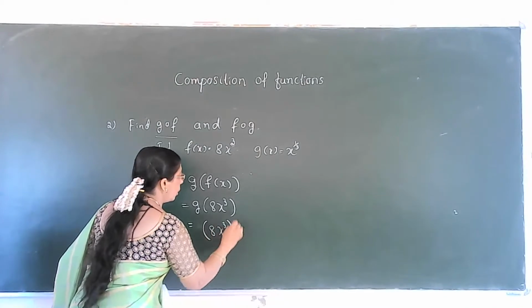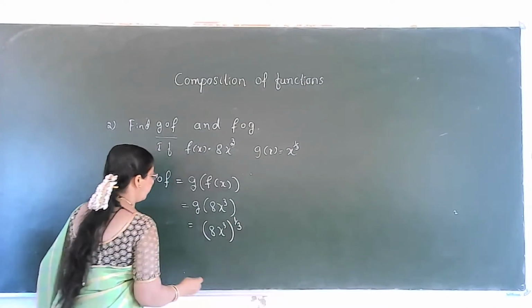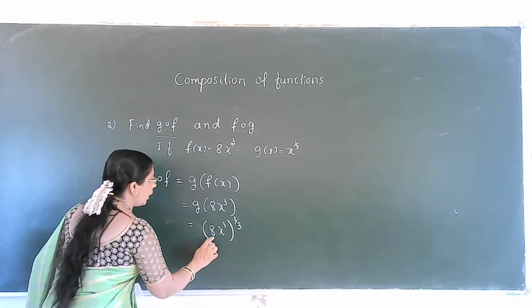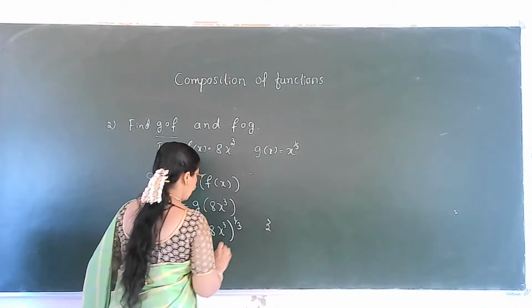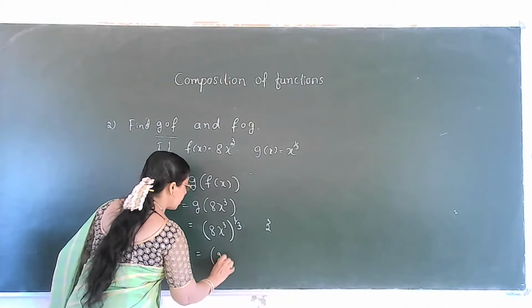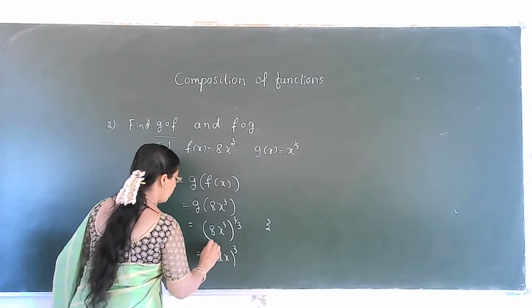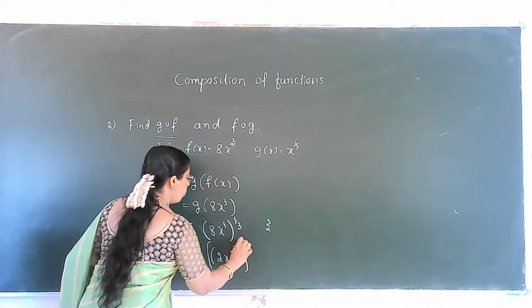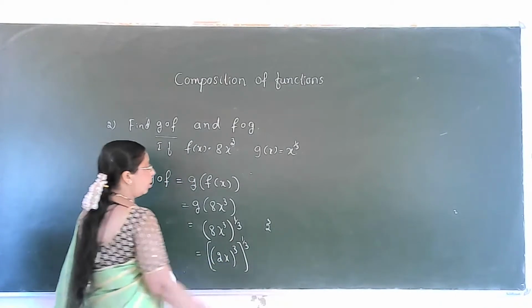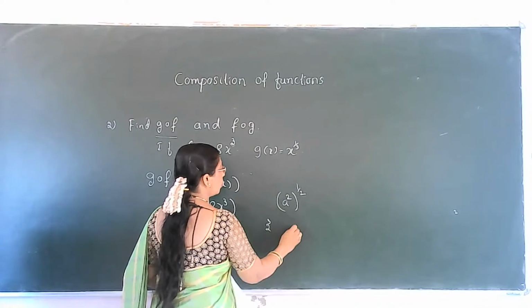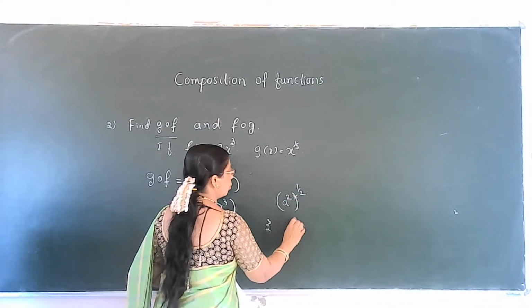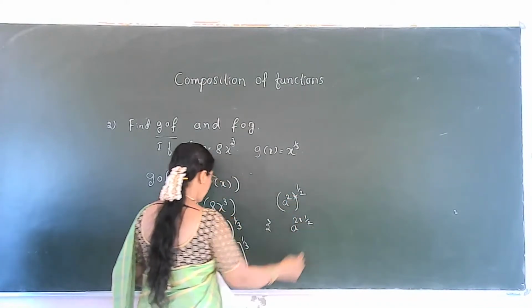8x cube to the power 1 by 3, which is equal to, 8 is 2 cube. Therefore, 2x whole cube to the power 1 by 3. You know about a square to the power 1 by 2: you multiply these two, 2 into 1 by 2.